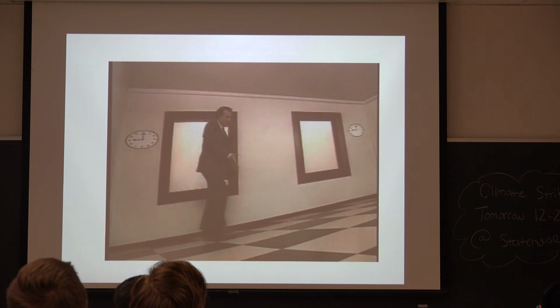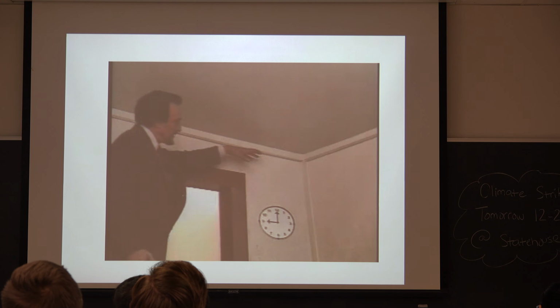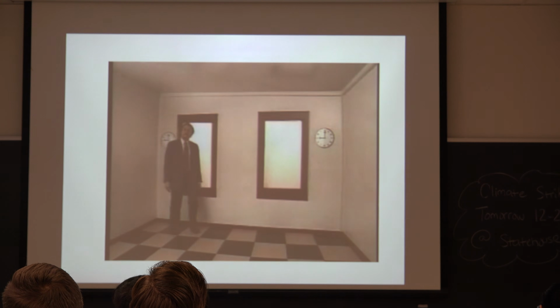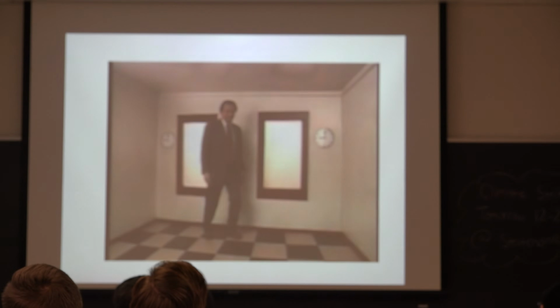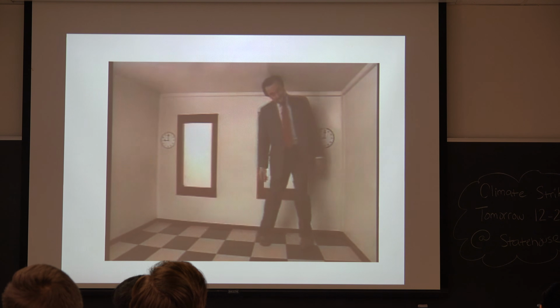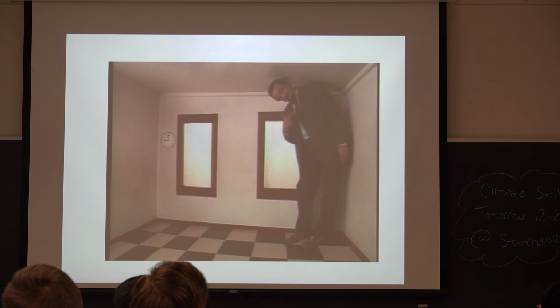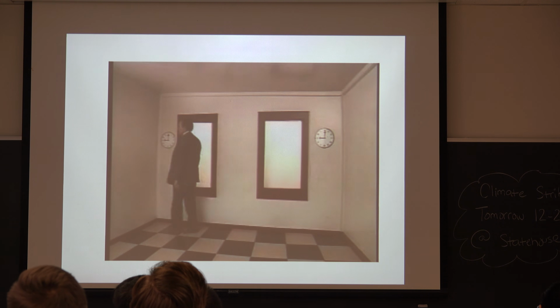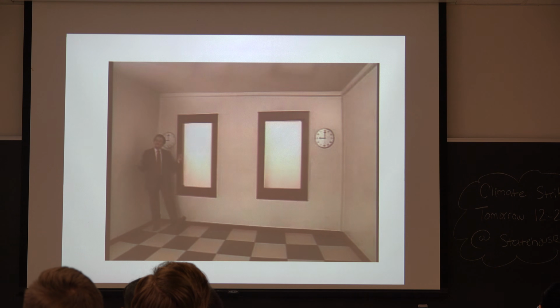The floor slopes upward. As you can see, the ceiling slopes downward. So I'm not getting larger at all. You're just misperceiving my size because you think that you're the same distance from me when I'm over here as you are from me when I'm over there. But in fact, I'm twice as far away.